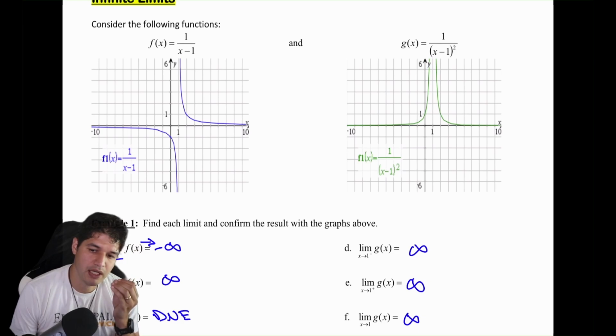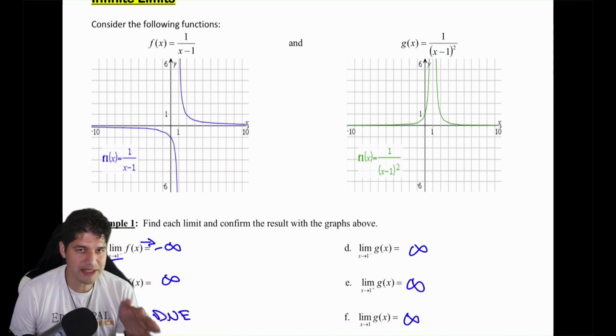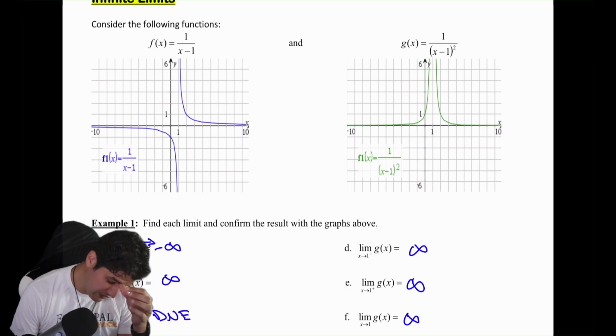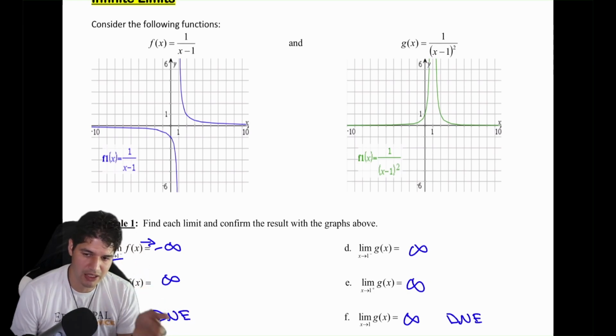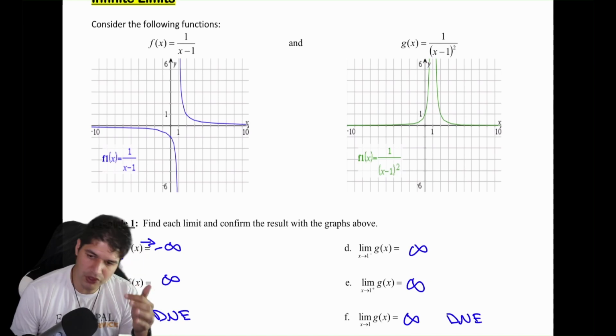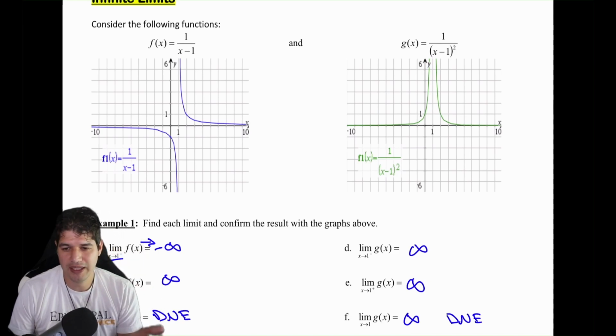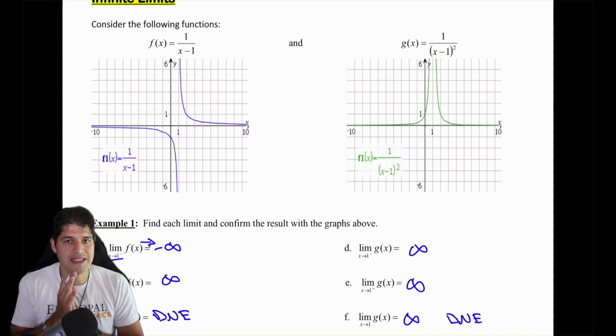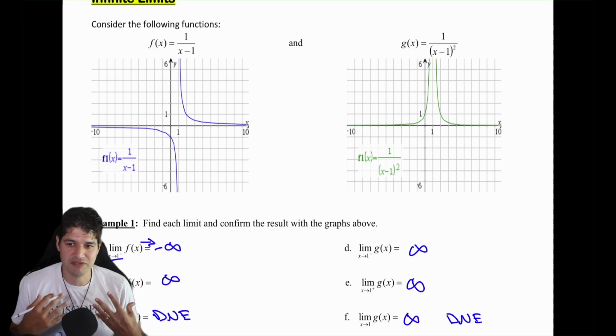But remember, again, to clarify, you can see infinity, but you'll also very likely see does not exist because a limit at a value cannot equal infinity. If we leave it the first way, we understand that there is an asymptote for g of x.